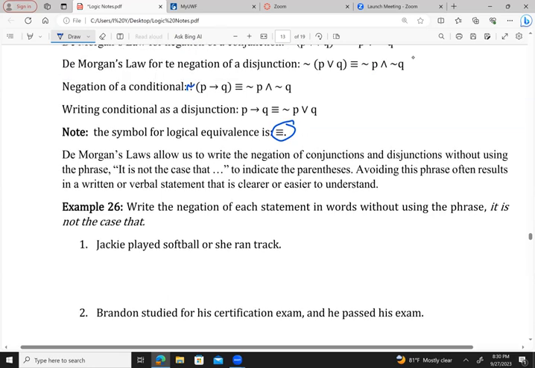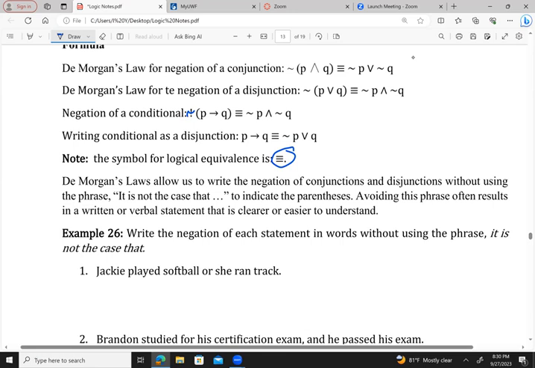So here I have: Jackie played softball or she ran track. So this is an or statement right here. And we want the negation.